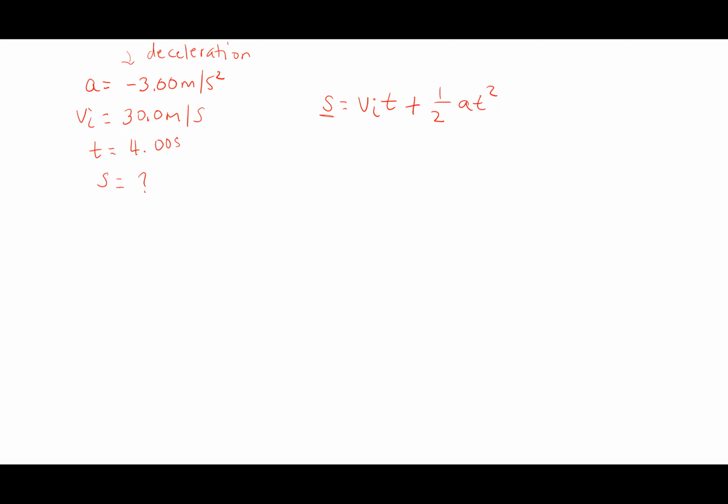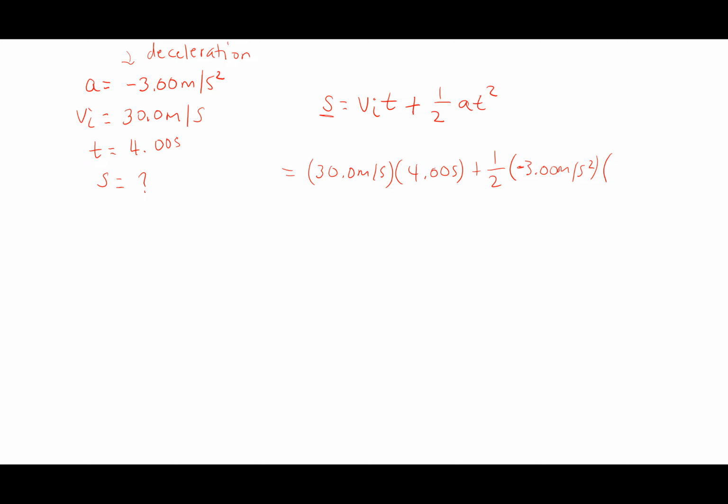All right, so we can just plug everything in, pretty simple. So we've got V initial is 30 meters per second times time, which is 4 seconds, plus our 1/2 times our acceleration. Now don't forget that negative sign, is -3 meters per second squared times time.